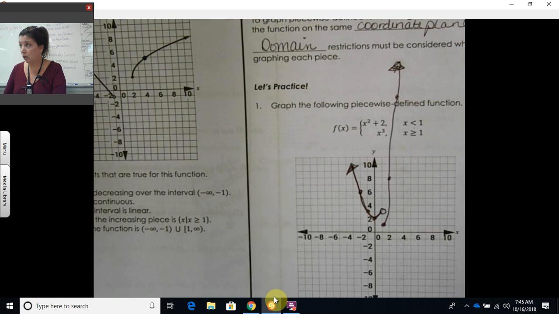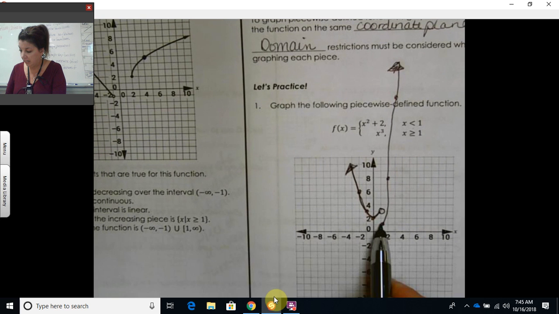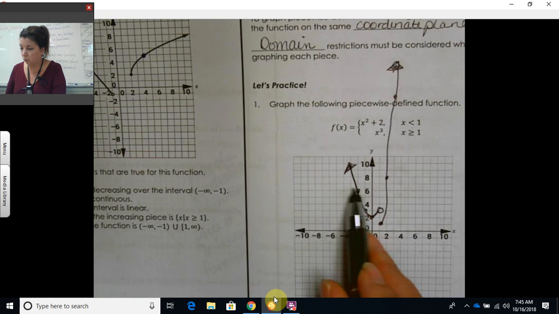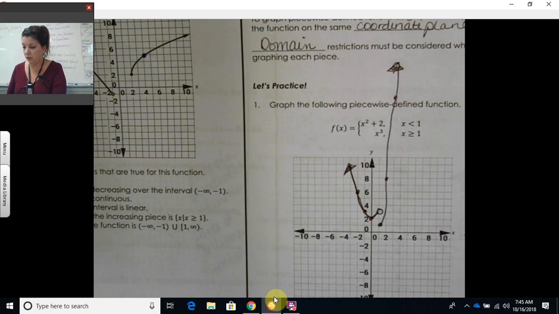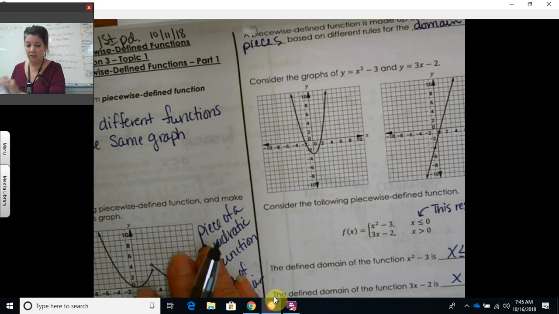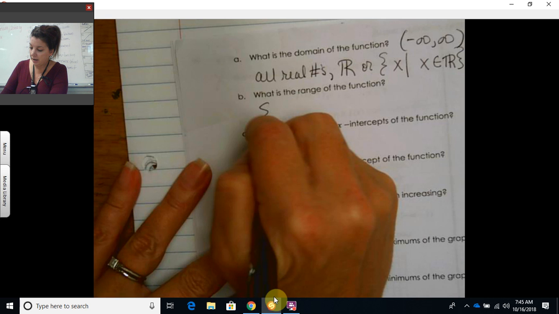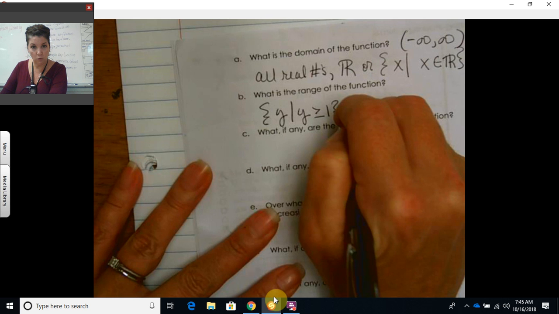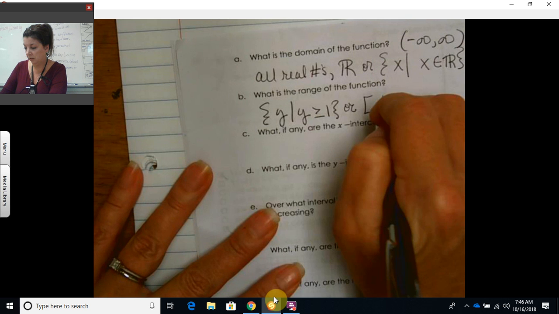Greater than or equal to 1, because you have a y value that is actually 1, and everything above that, we have points on our graph that correspond with every y value above 1 and equal to 1. So it would be y such that y is greater than or equal to 1. Or you could say in interval notation, with a bracket, 1 to positive infinity, parenthesis.